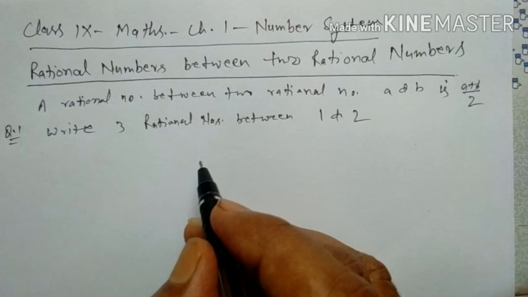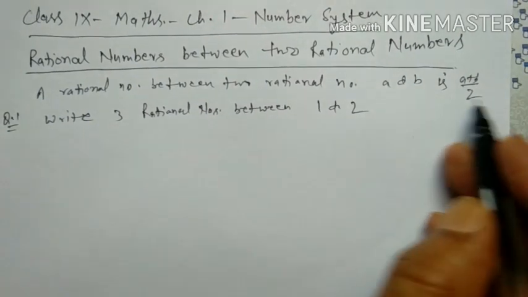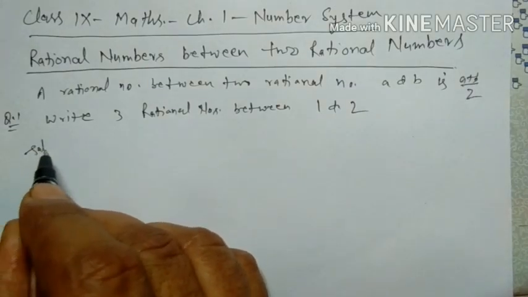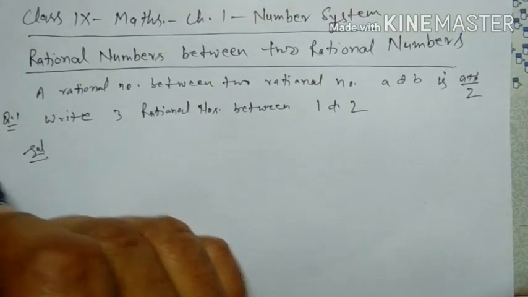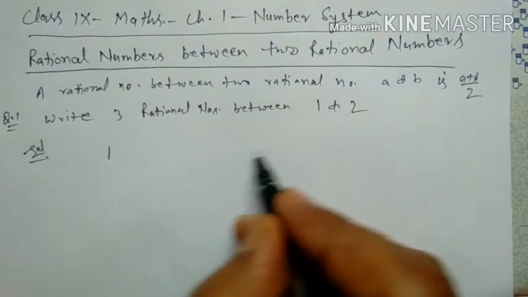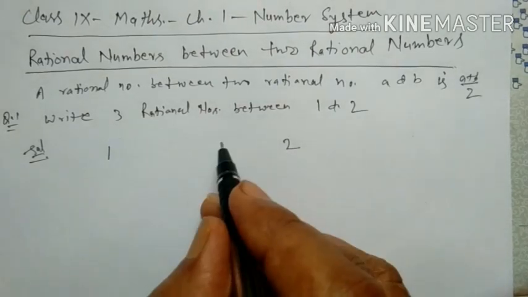There are so many methods to solve this question. When you apply this formula, then its solution will be: number 1 and number 2. Here we will write three rational numbers.